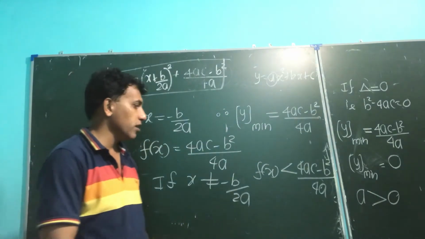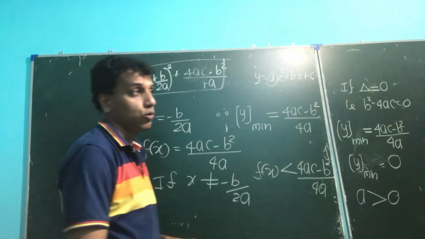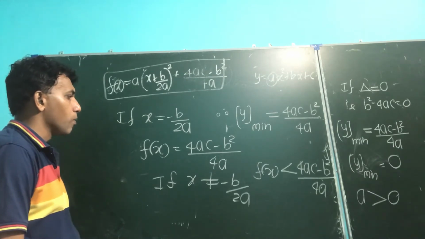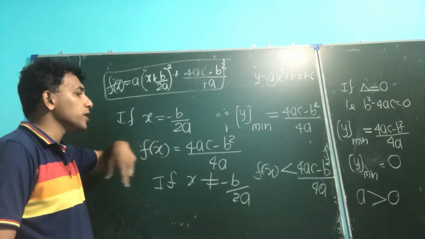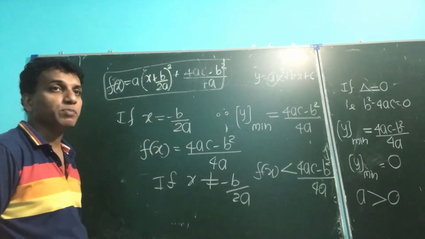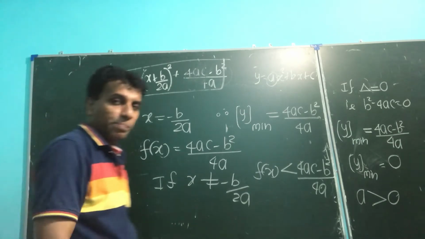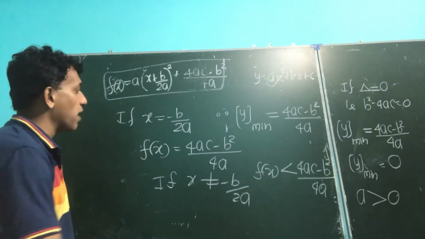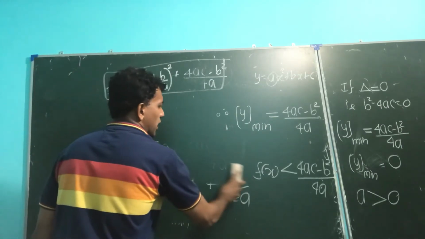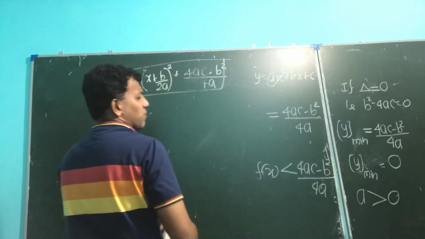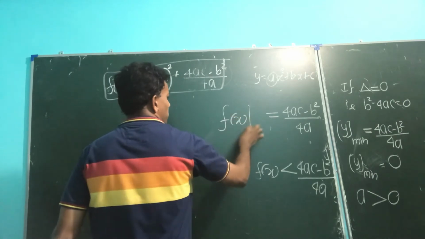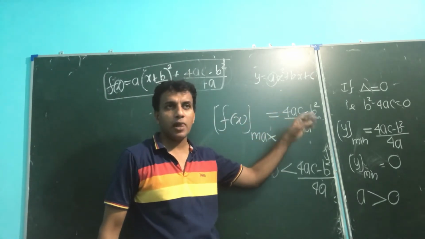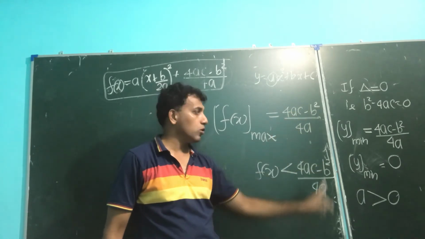So write below: therefore, when a is less than 0 and x equals minus b over 2a, the function has a maximum value of 4ac minus b squared over 4a, right?